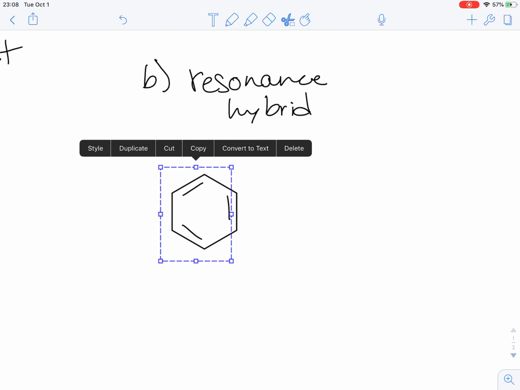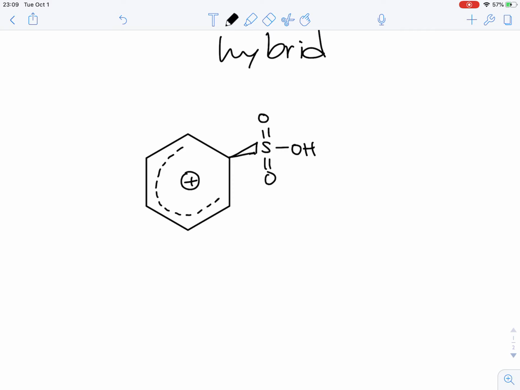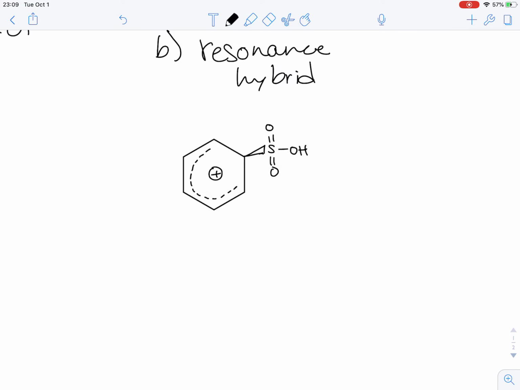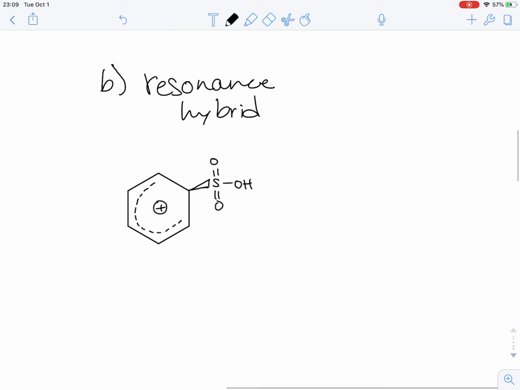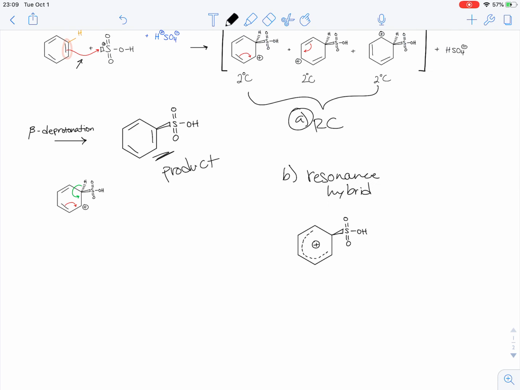Would it be like this, where all the pi bonds jumped, it becomes hybridized. You form that, and of course you have your sulfite, I think it's called, or hydro. I don't know exactly what it's called, but this is your resonance hybrid, and your product.